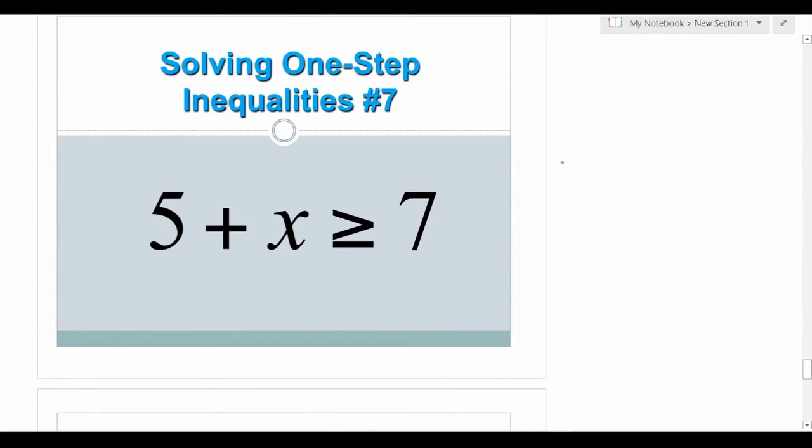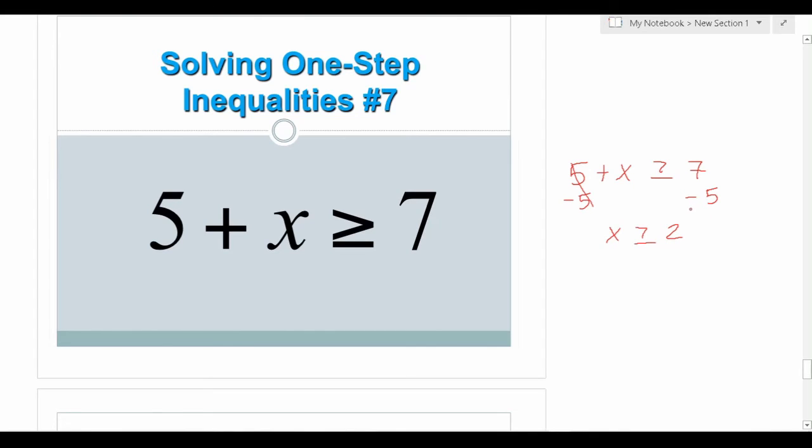Number 7 is 5 plus x is greater than or equal to 7. Again, the goal is to get x by itself, so we're going to subtract 5 from both sides. That leaves us with x is greater than or equal to 7 minus 5, which is 2. Again, we subtracted across the inequality sign.